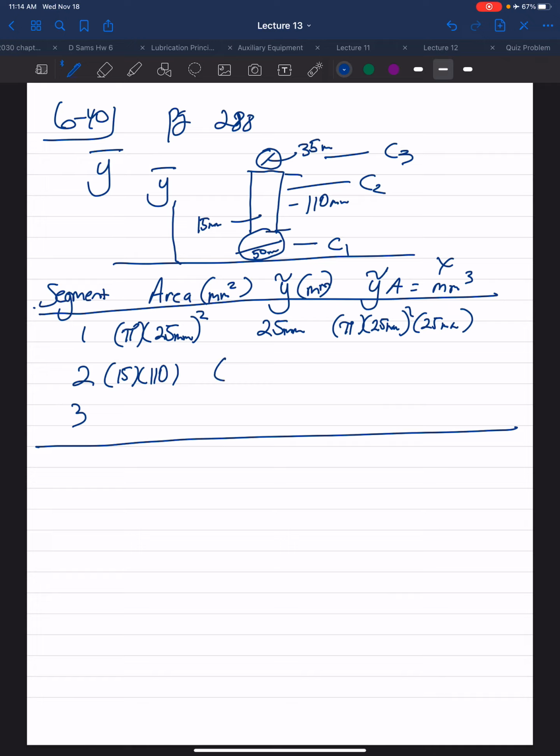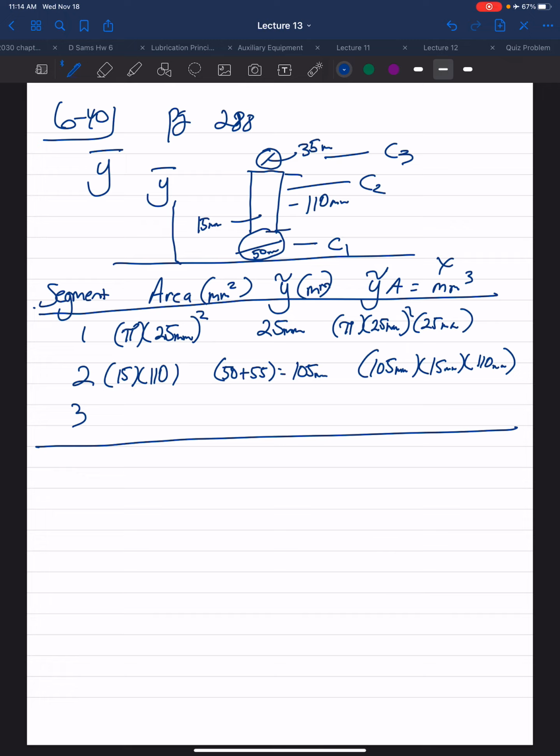So that'd be 50 millimeters plus 55 millimeters, that's 105 millimeters. And then y wavy bar times area would be 105 millimeters times 15 millimeters times 110 millimeters.